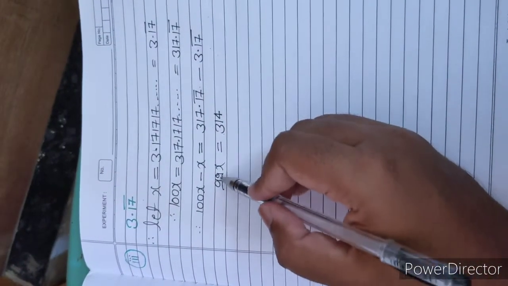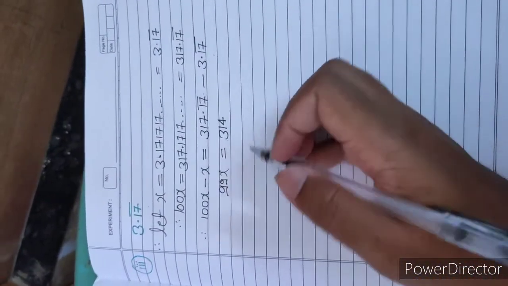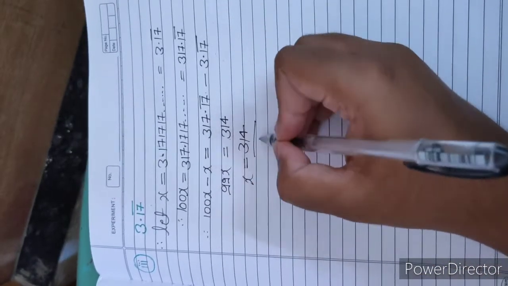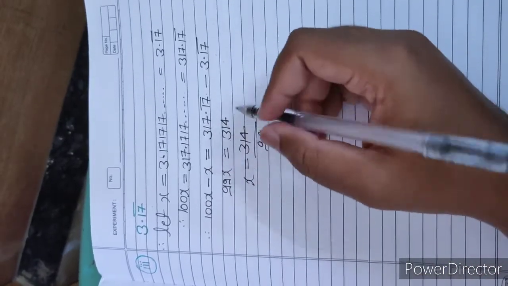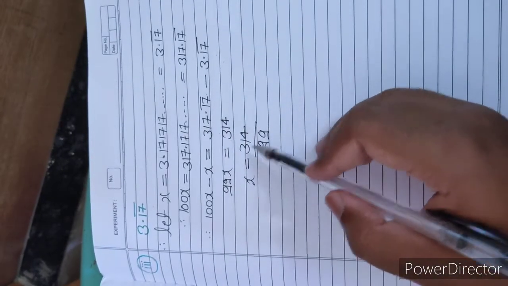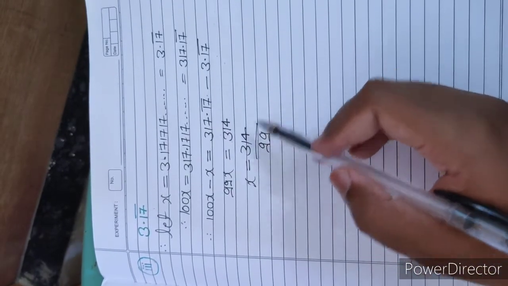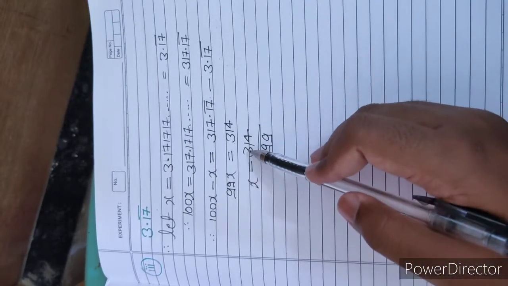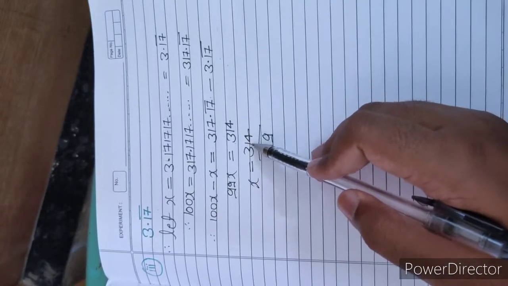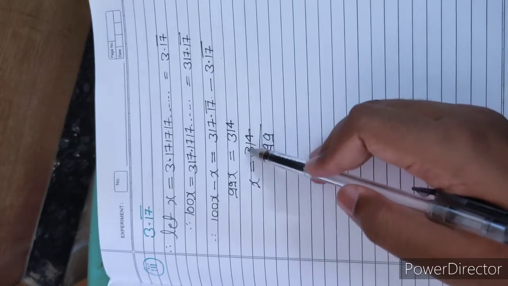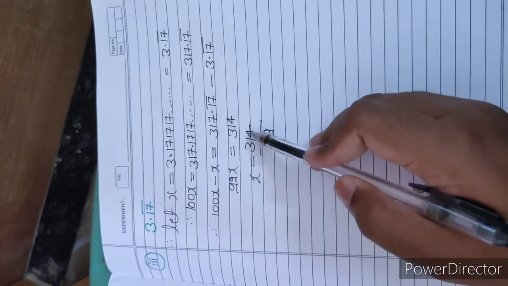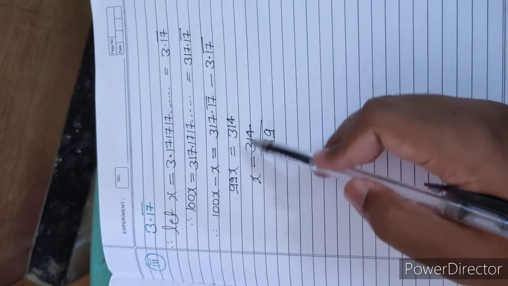Okay, 99 is in multiplication. When it goes to the right hand side, it converts into division. So 314 by 99. Let's check whether this can be divided or not. 99 comes in the tables of 3 and 11. For checking 3, we will add the digits. If the sum of digits comes in the table of 3, then only this number will be divisible by 3.